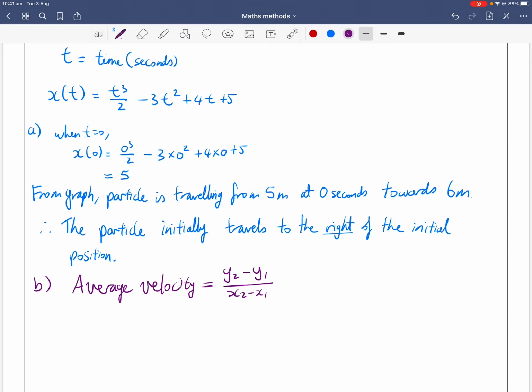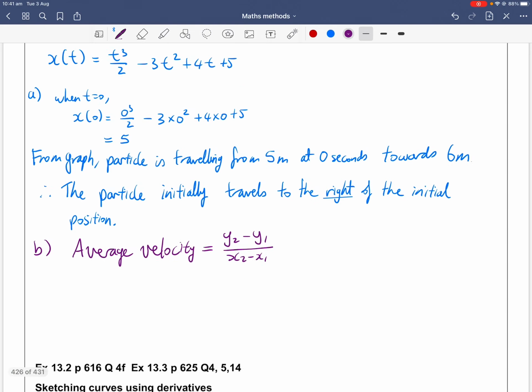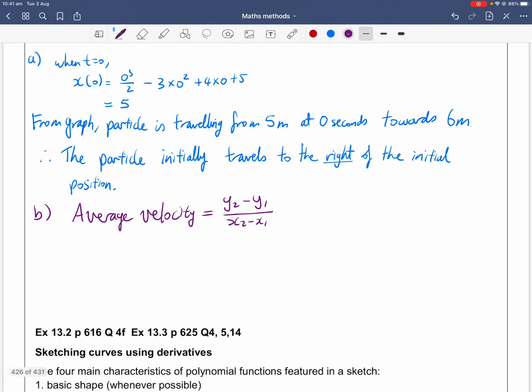In contrast, average is just the overall rate of change, which we'll calculate using our gradient formula, y2 minus y1 over x2 minus x1. So we need 2 points. We know that when t equals 0, our displacement is 5. So in other words, we have the point 0, 5 to work with.